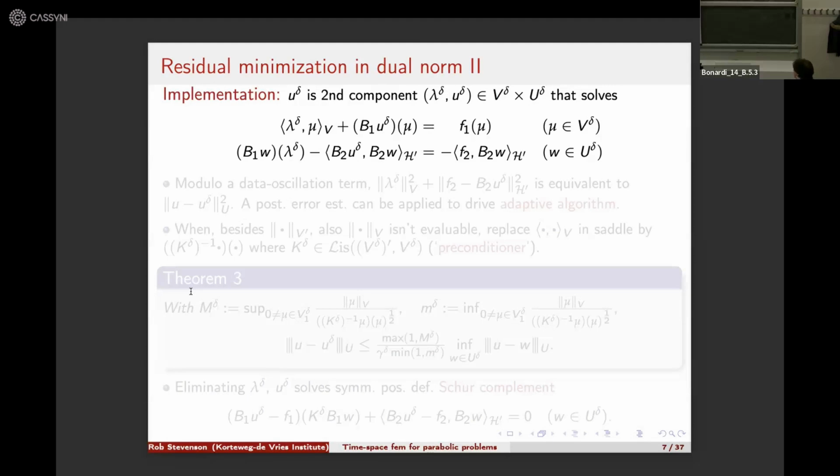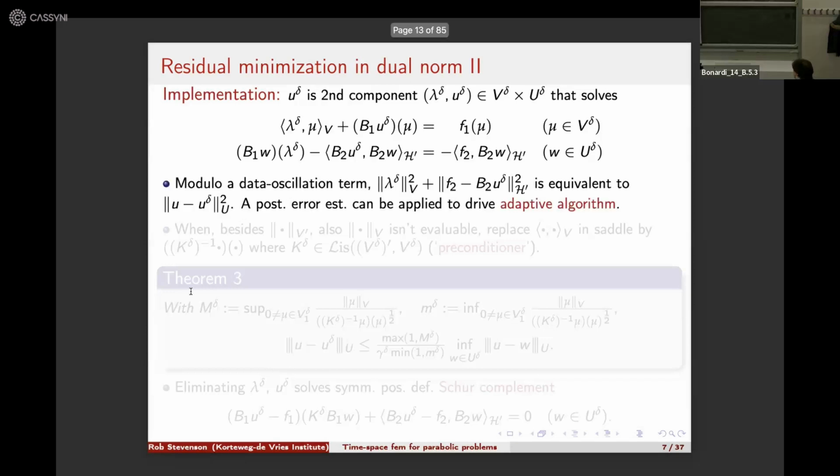Okay, and now you see also that this intercept condition is really an LBB stability condition that you know from saddle point problems, right? The test space should be sufficiently large compared to the trial space, and then you get stability when you solve saddle point problems. So it's the same thing. And the lambda delta from here is the Riesz lift of the first residual.